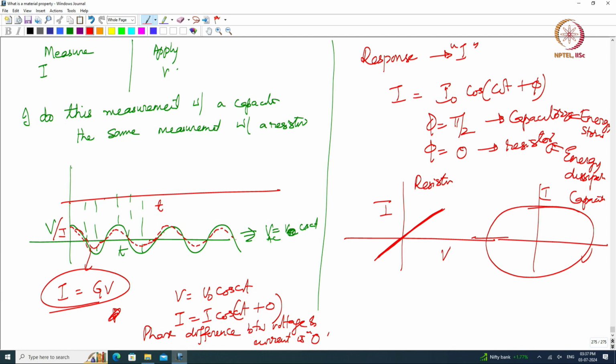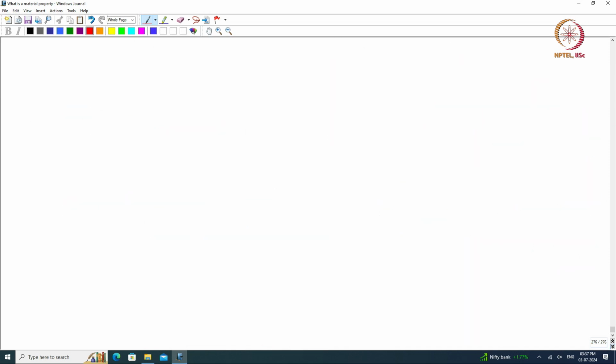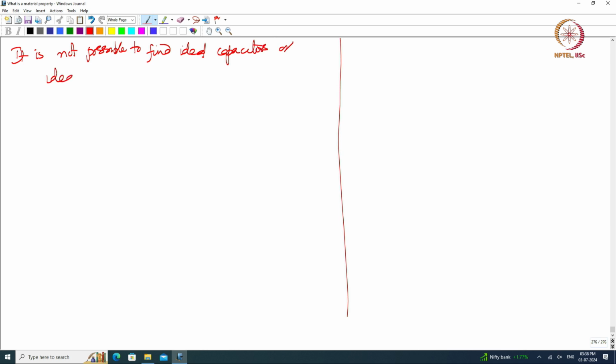Okay. All right. It is impossible to find devices which are pure resistors or pure capacitors. So, this is what electrical engineering has already taught us. It is not possible to find ideal capacitors or ideal resistors.